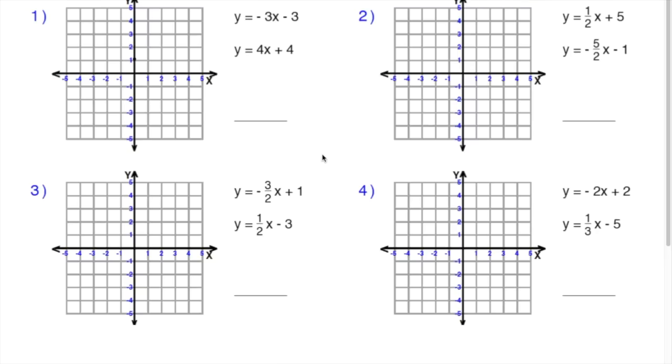So problem number 1. We see, if I write y equals mx plus b, we have a slope of -3, a y-intercept of -3. So on the y-axis, I'm going to put my y-intercept, -3. Then, if our slope says we go down 3, 1, 2, we're going to fall off our graph, all right?